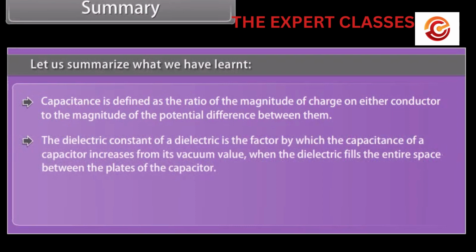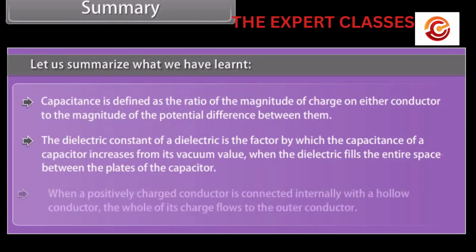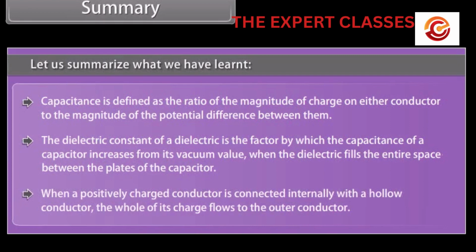The dielectric constant of a dielectric is the factor by which the capacitance of a capacitor increases from its vacuum value when the dielectric fills the entire space between the plates of the capacitor. When a positively charged conductor is connected internally with a hollow conductor, the whole of its charge flows to the outer conductor.